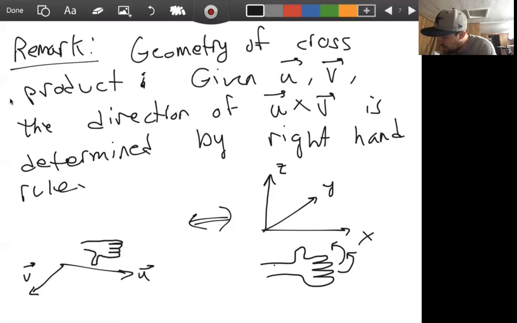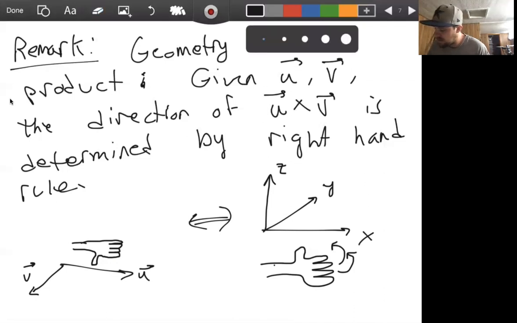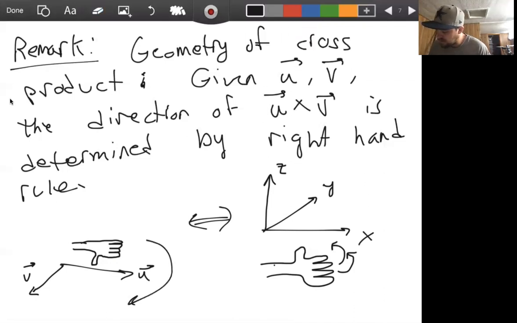I would be giving a thumbs down here. And I curl my fingers towards v with my right hand, and my thumb is pointing down, which tells me in this picture that the cross product is pointing down. Here is u cross v, down here.